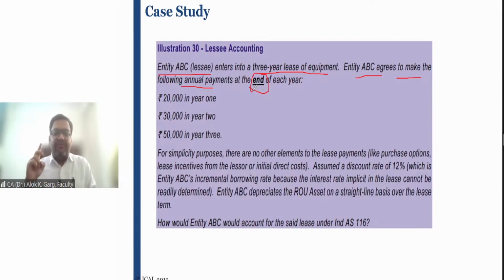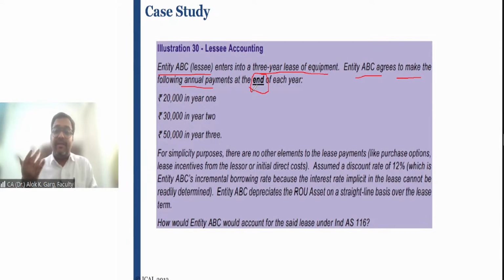When this Ind AS 116 came, in the first year or in the second year, I'm not able to remember exactly, in one of the attempts, the question which came, the rental payment was at the beginning of the year. 60% of the students solved the question considering it is end of the year. 60% of the students made a mistake, right?